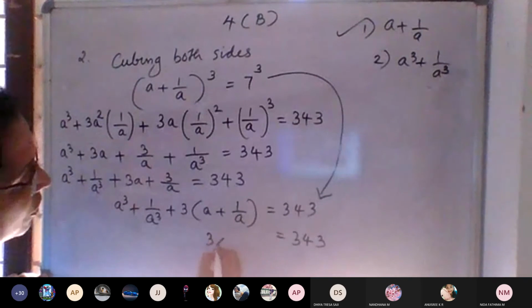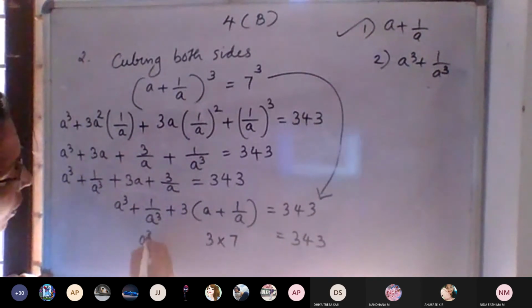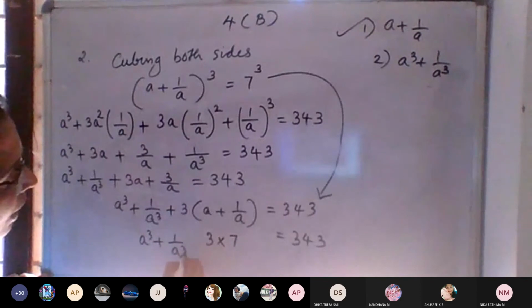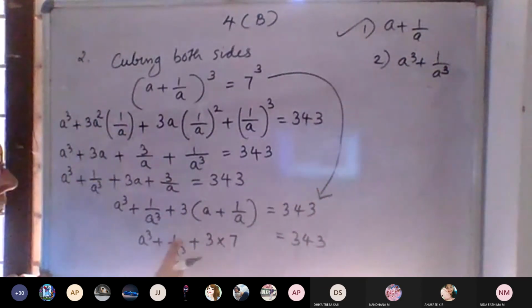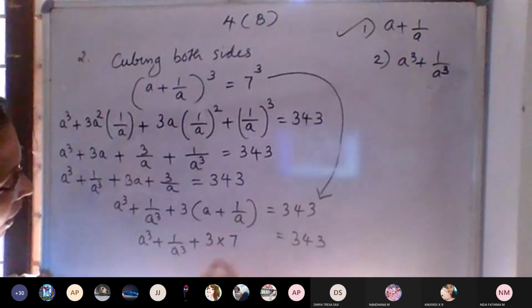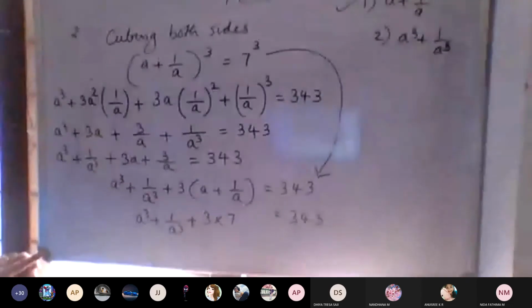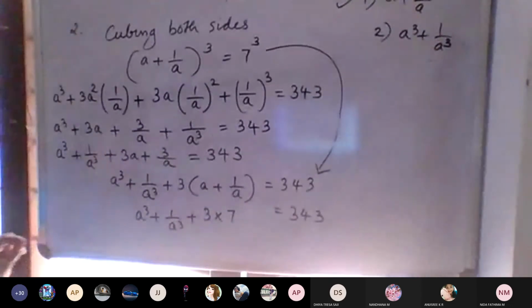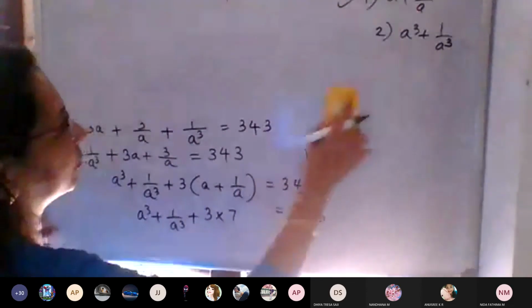So 343 equals a cube plus 1 by a cube plus 3 into 7. We have to find a cube plus 1 by a cube. So a cube plus 1 by a cube is equal to what? 7 into 3.